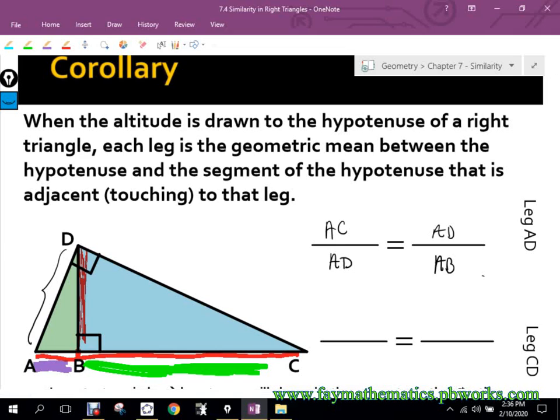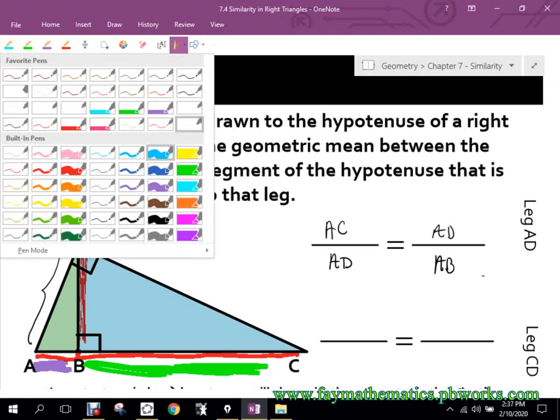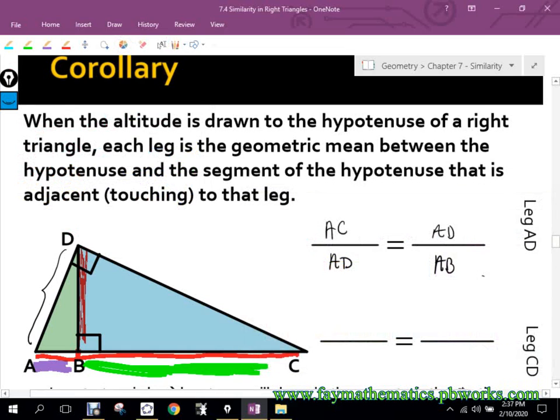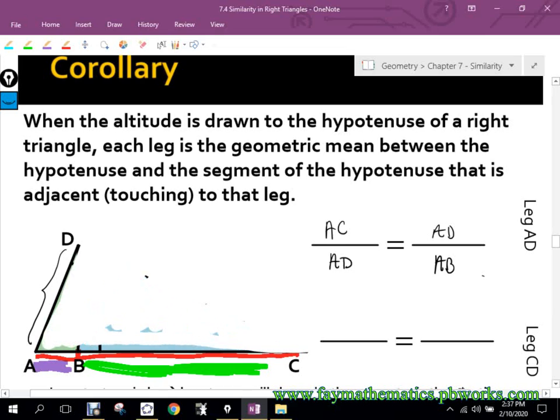My hope is you see that the green segment does not touch that leg at all, right? If we were to kind of highlight or eliminate everything else, because some people struggle seeing this, let's actually do this real quick. Let's just color over. So there's our leg AD.